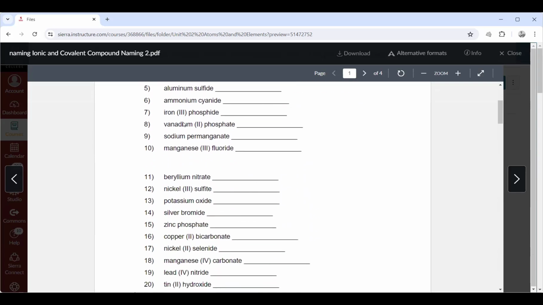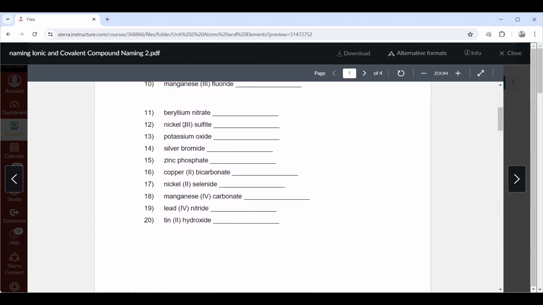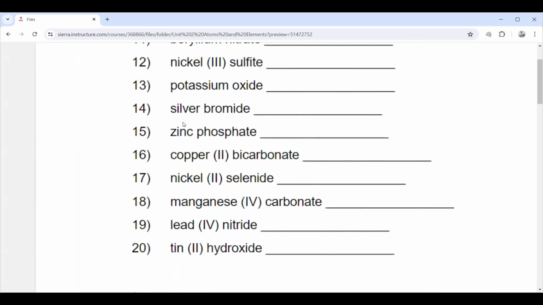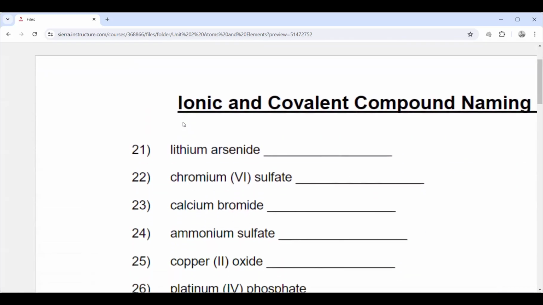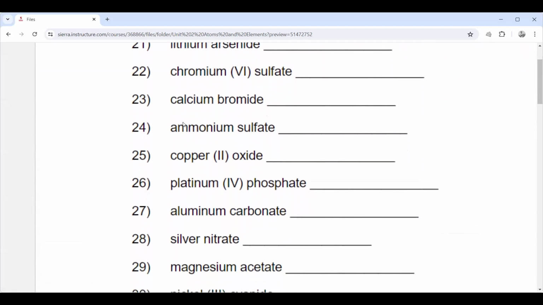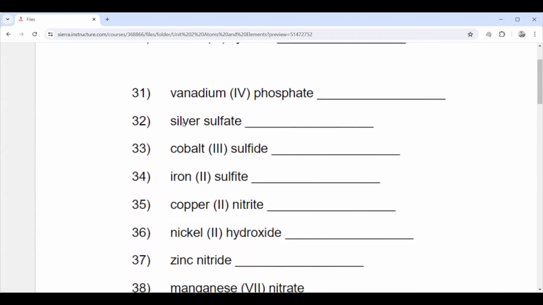So again, all these ones with brackets are ionic. Most of these are ionic, actually.